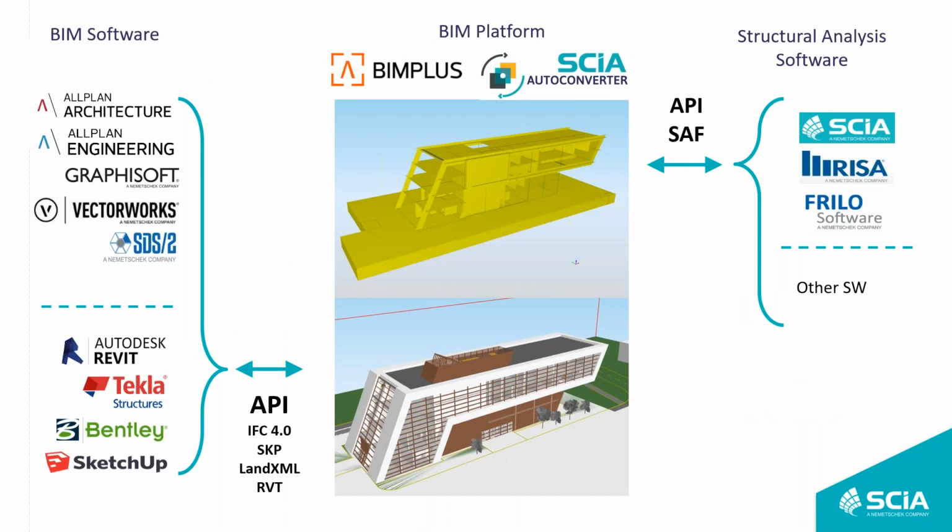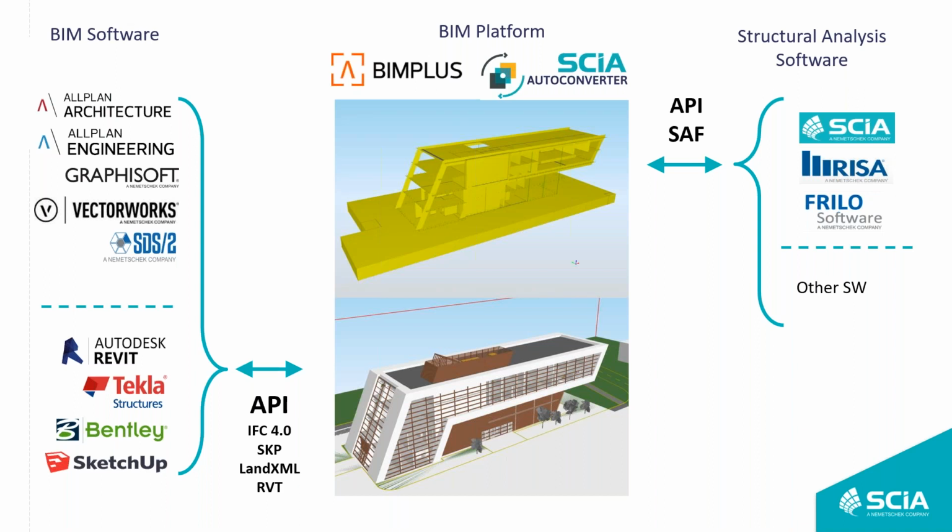Where we are trying to get, and now a bit more practical picture. On the left-hand side we have some BIM software. It's BIM authoring software, so it's where the structure is modeled from the beginning. It can be Allplan, Archicad, Revit, Tekla, and a lot of others.